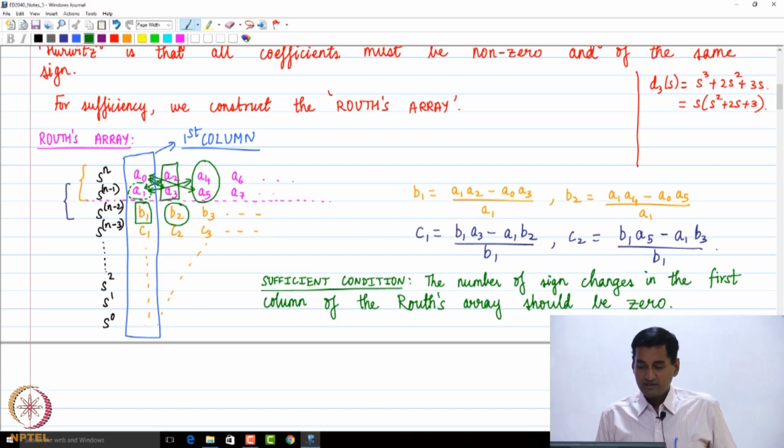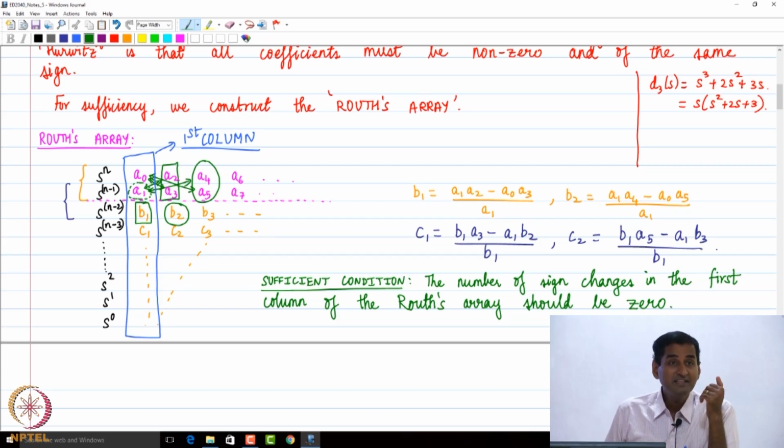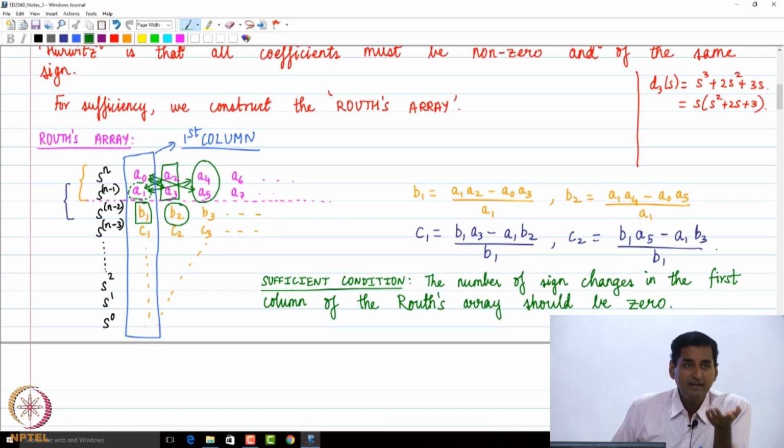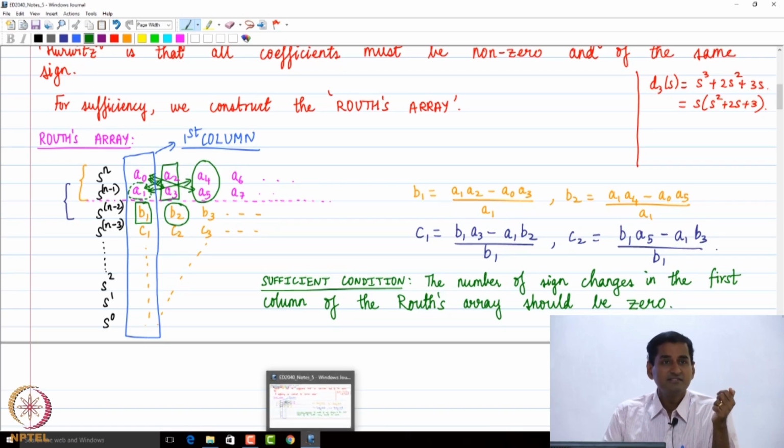So please note that for any general polynomial of order n with real coefficients, the necessary condition is that all the coefficients must be non-zero and of the same sign. The sufficient condition is that the first column of the Routh's array, once you construct it, should not have any sign changes.